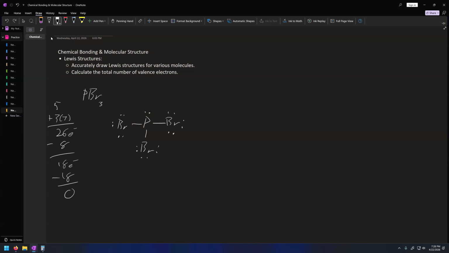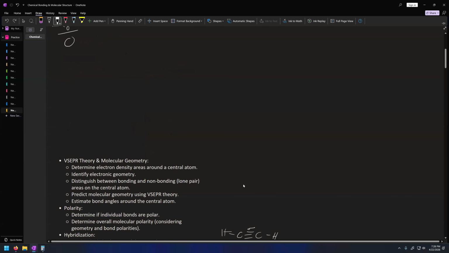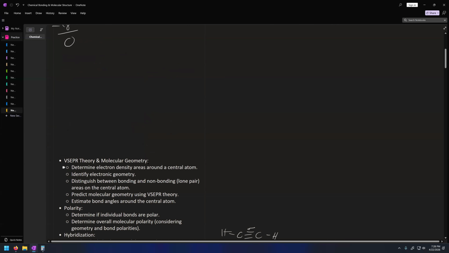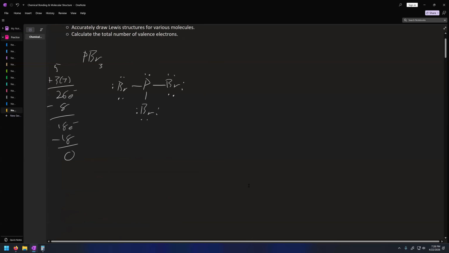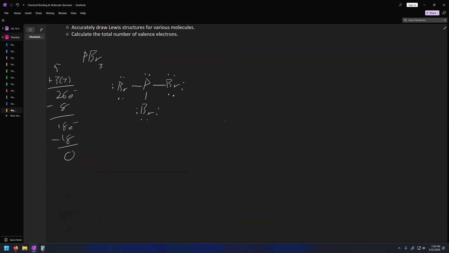So looking at this, we want to figure out all of the different VSEPR properties it might have. Let's start with determining the electron density areas around our central atom. The number of electron density areas or domains or regions of electron density, it's a bunch of different words to describe it, but it all means the same thing. You want to count the number of places that you have electrons.